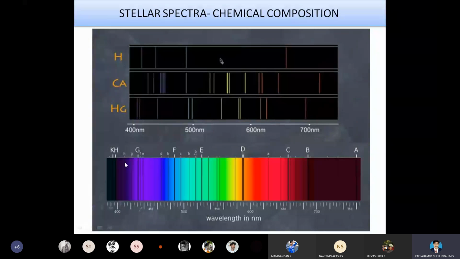Here they have distinguished the types of spectra in the form of symbols. We are using the symbols A, B, C, D. These symbols are nothing but limits. We can also see the wavelength in nanometers.